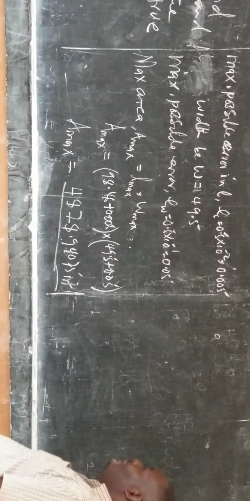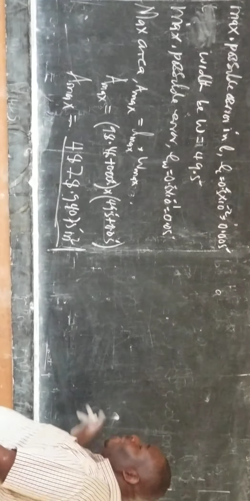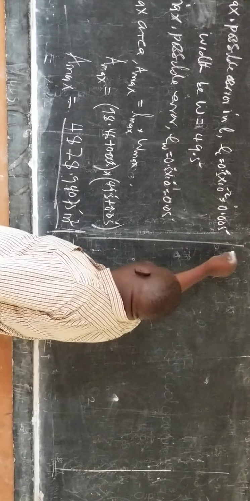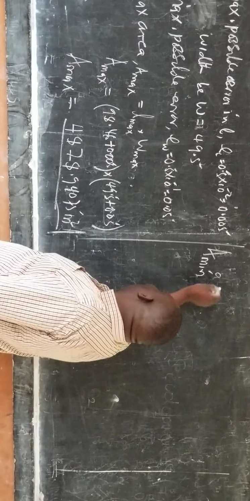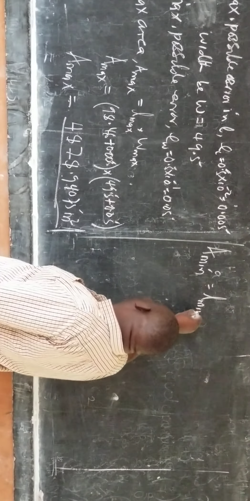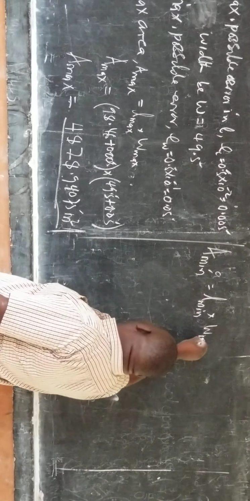Then we can also get the minimum area. Here we minimize the length times the width.